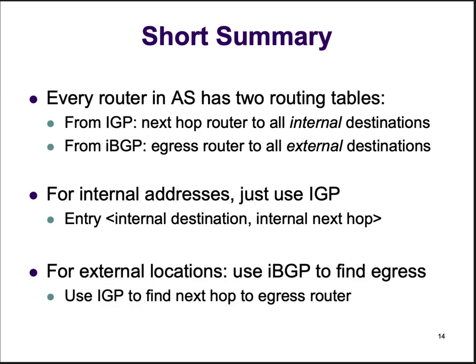If that address, however, was an IP address that's outside of my domain, I'm going to do a two-step lookup. The first thing I'm going to do is look at the prefix for that destination address, and I'm going to know which egress or which border router I have to send the packet towards. And then I'm going to take that border router and say, what is my next hop? Using the intra-domain protocol, because the intra-domain protocol told me how to reach all my border routers.